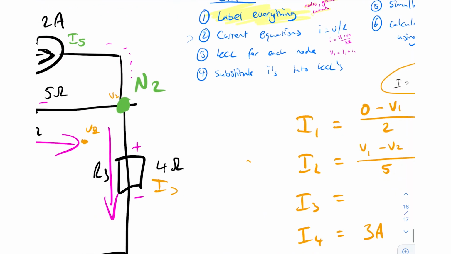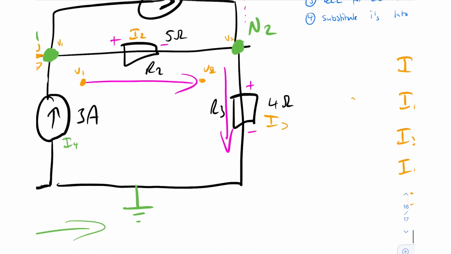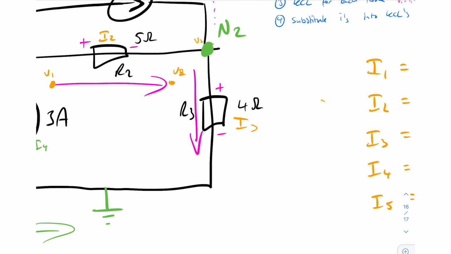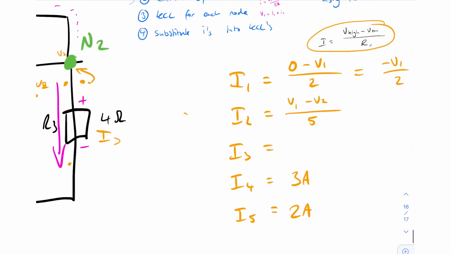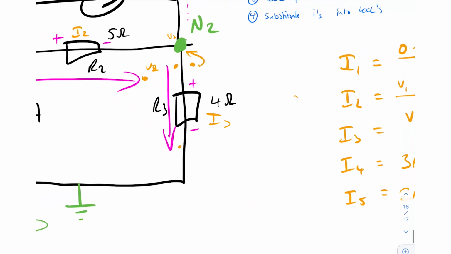Okay, final one, I3. So I3 now is just the opposite of I1. So we're basically saying that current is flowing from here to here. So the higher point voltage is here, and we've said that here is equal to here. So we can say that it's V2, right? And V2 take away this point here.